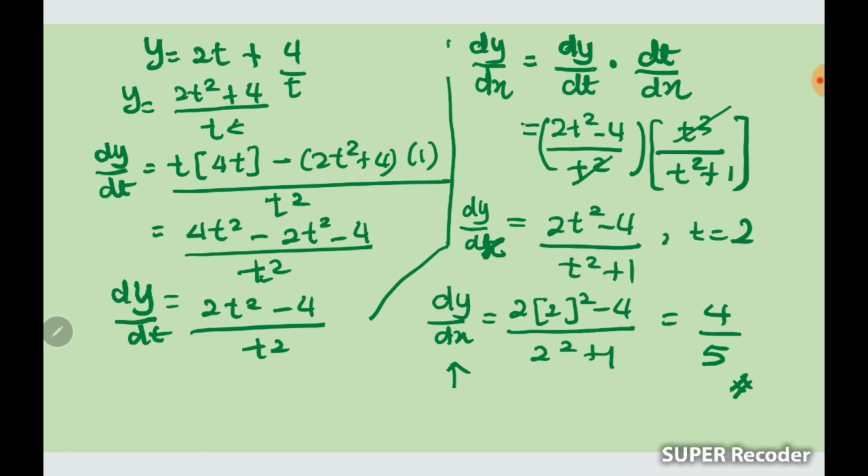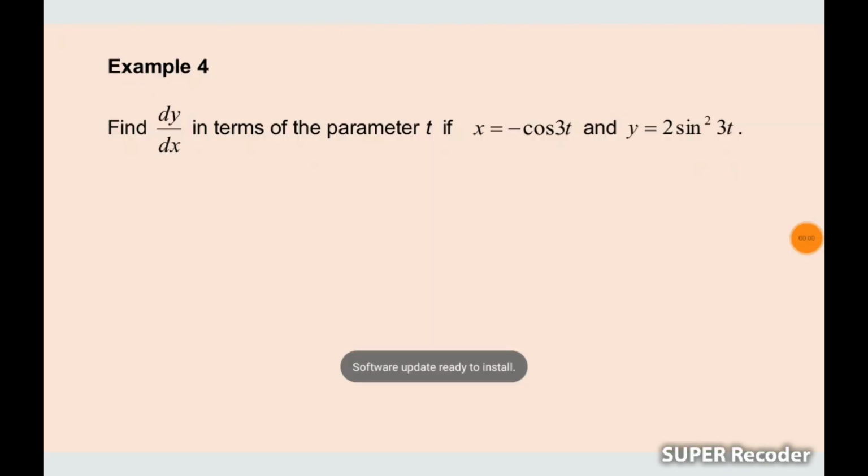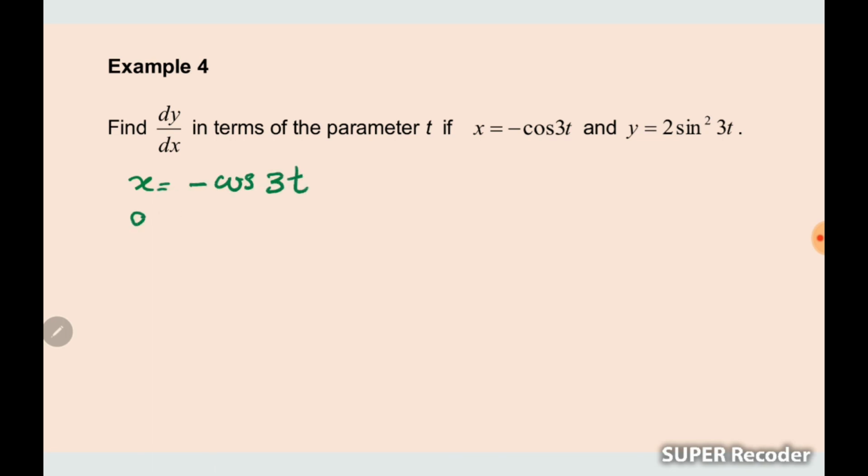Okay, thank you. Example 4. Find dy/dx in terms of parameter t if x equals negative cos 3t and y equals 2 sin squared 3t. So, given x equals negative cos 3t, differentiate x with respect to t, dx/dt equals negative.